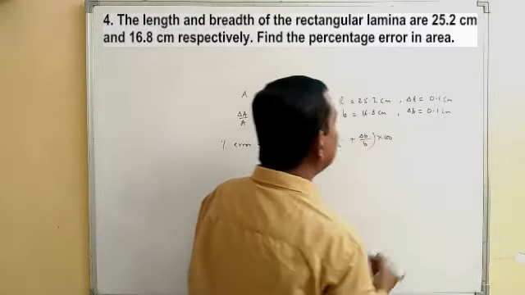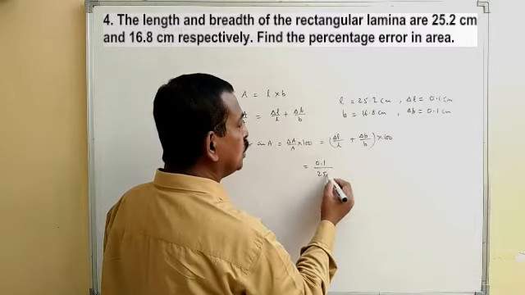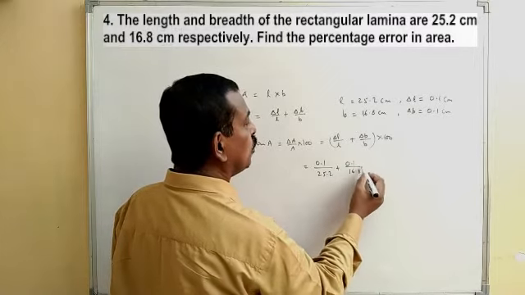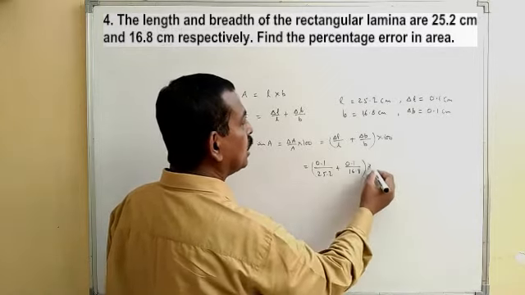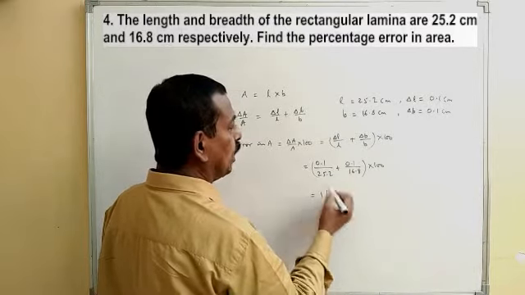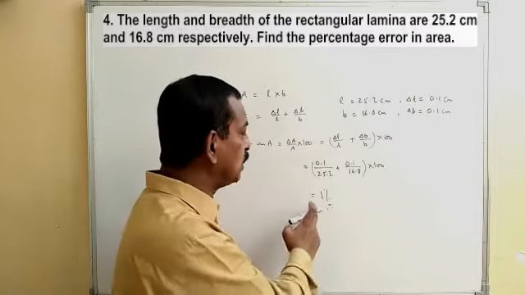So if you put it there, it is 0.1 by 25.2 plus 0.1 divided by 16.8, and the whole term if you multiply by 100, this will be roughly 1%. So error in the measurement will be 1%.